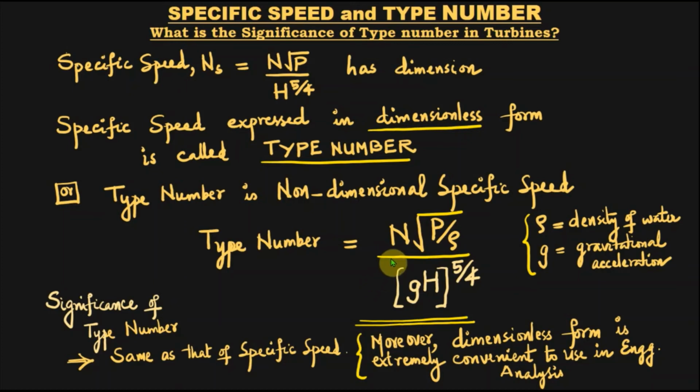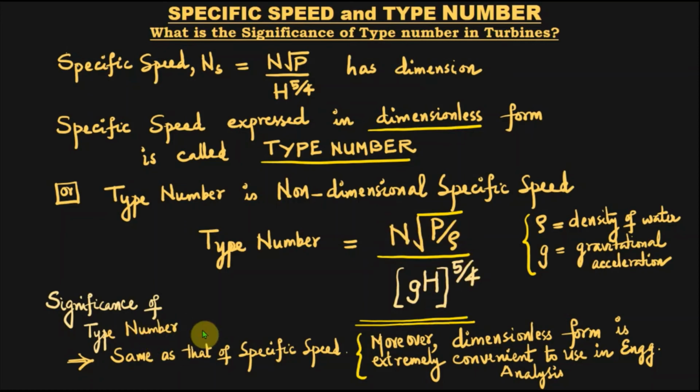What is that? Type number is equal to N root of P by rho divided by gH whole raised to 5 by 4, where rho is the density of water, that is 1000 kilogram per meter cube, and g is the gravitational acceleration, say 9.81 meter per second square. And when you operate this value, make sure that this N is in RPS, because you want to make it dimensionless.